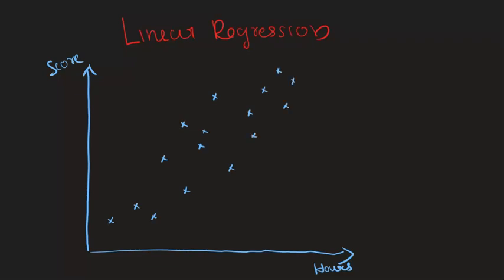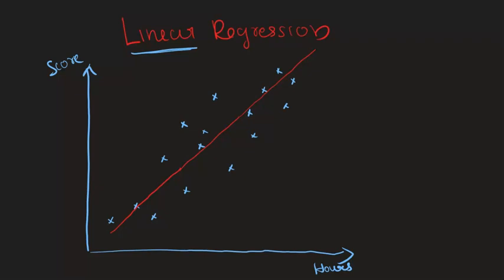As the number of hours studied increases, the score gets increased. Here, linear means a line, right? So what we are going to do in linear regression is find a line that best fits this data. What is the advantage of that?